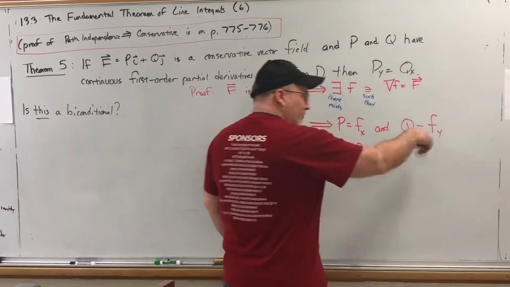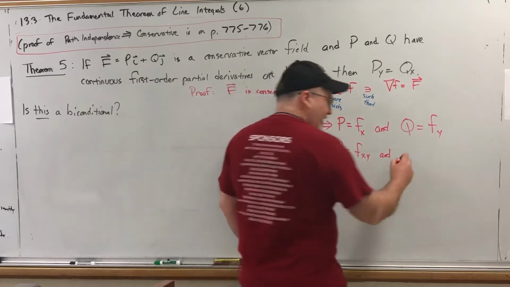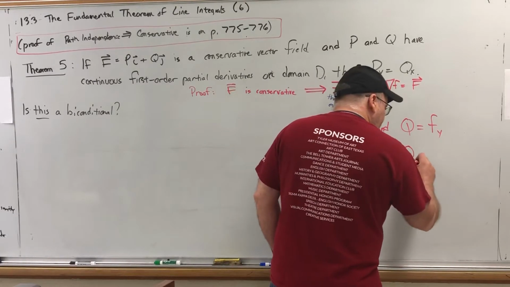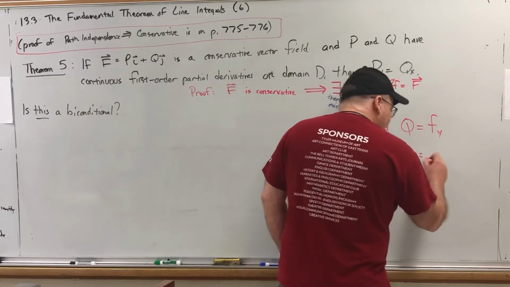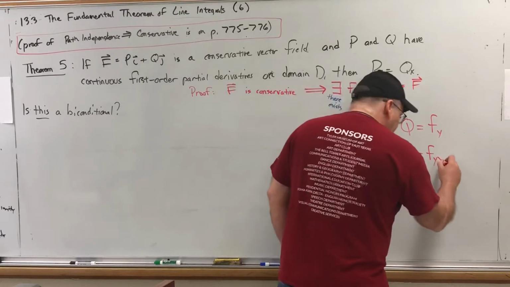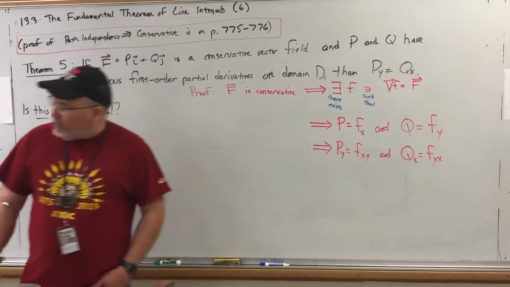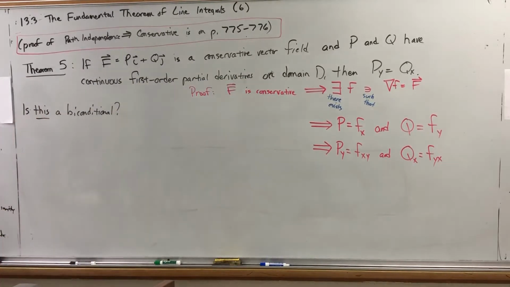And if I do the same thing over here, except take the partial derivative with respect to x on both sides, then the partial derivative of Q with respect to x is equal to the partial derivative of f with respect to y with respect to x. But there was a theorem way back when you first started talking about partial derivatives that said mixed partial derivatives were equal.